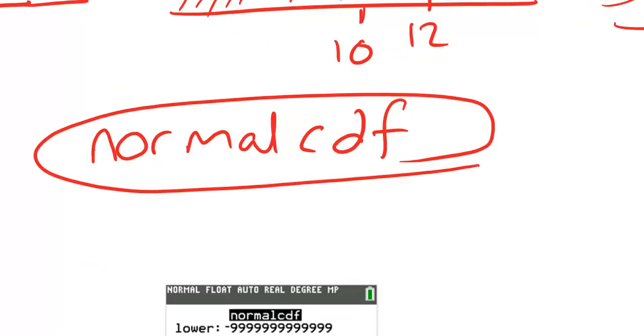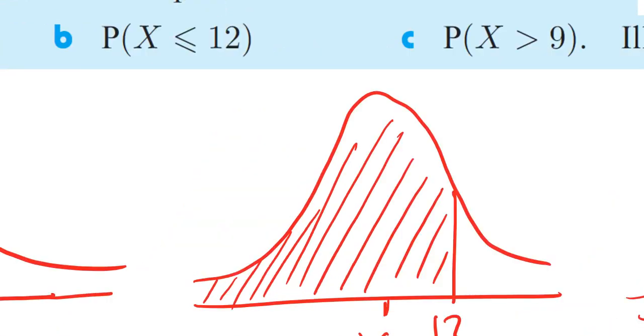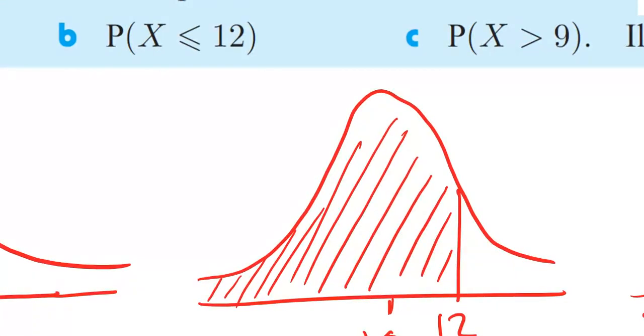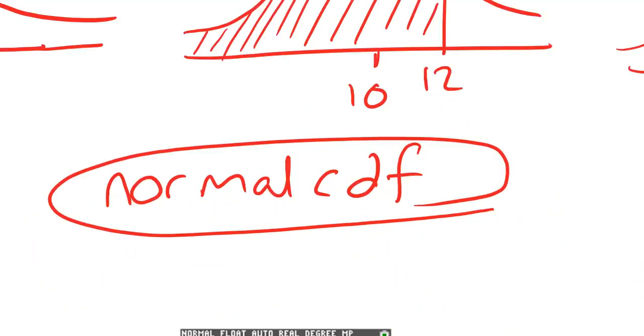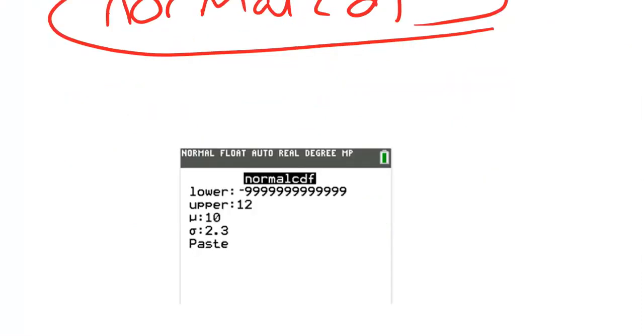Okay, on to B. Let's have a look at what we've got to do for B again. So in part B, we're looking for the probability that we're less than 12. Well, clearly, the upper boundary is 12, right? Okay, but the lower boundary goes on infinitely, all right? This goes on forever. So what I want you to do is put negative 99999, as many nines as you can, into your calculator, and that is going to be accurate enough for us.